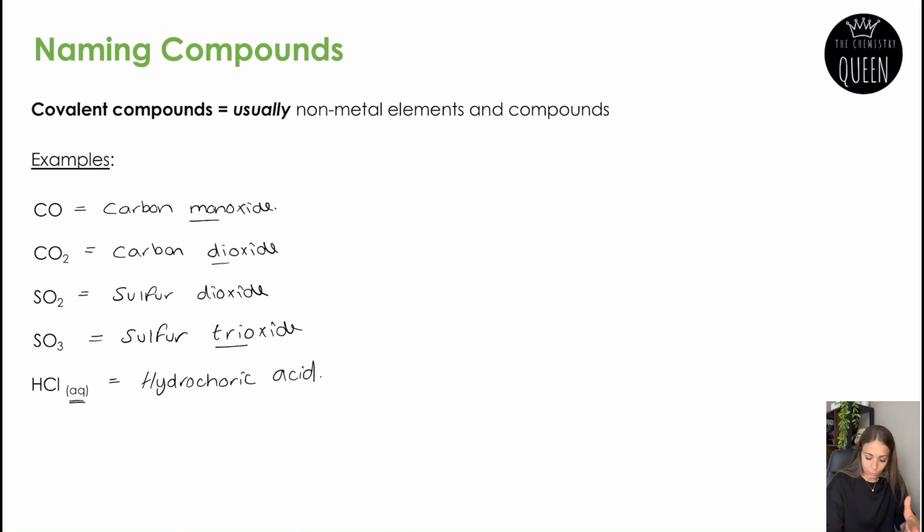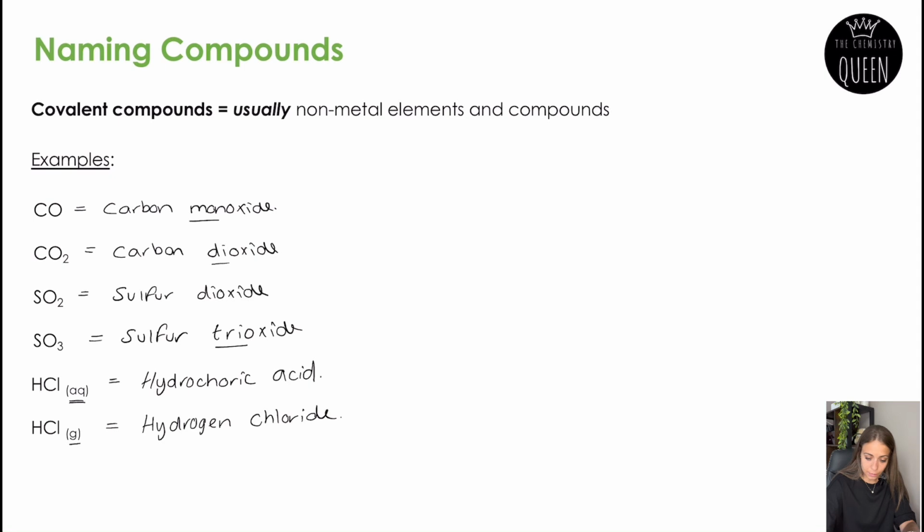So acids are aqueous, so if it's HCl(aq), it's hydrochloric acid. HCl gas, however, you can have HCl as a gas, and this would be HCl in its standard state. And if it's a gas, we can't call it an acid, it's no longer behaving as an acid, so we simply call it hydrogen chloride. So do be careful with that. HCl aqueous is acidic, it's behaving as an acid. HCl gas is not behaving as an acid, it's not dissolved in solution, so it's hydrogen chloride.